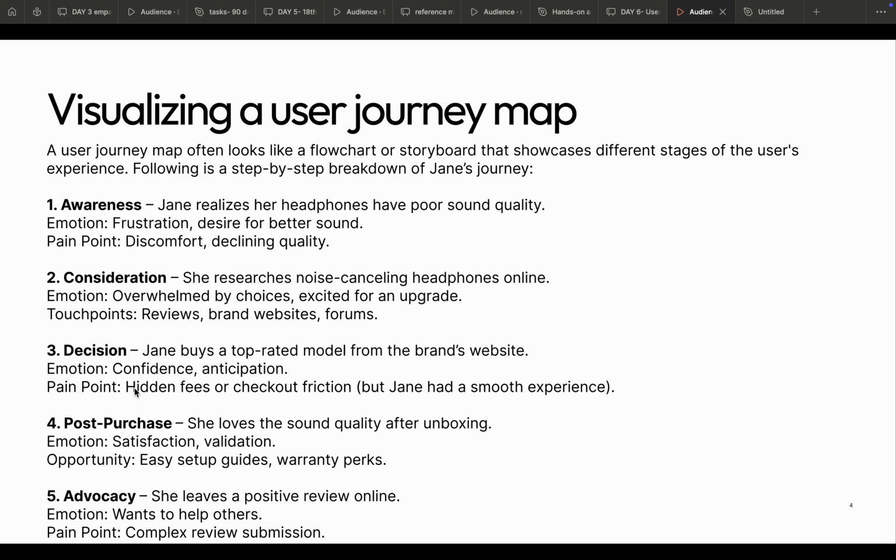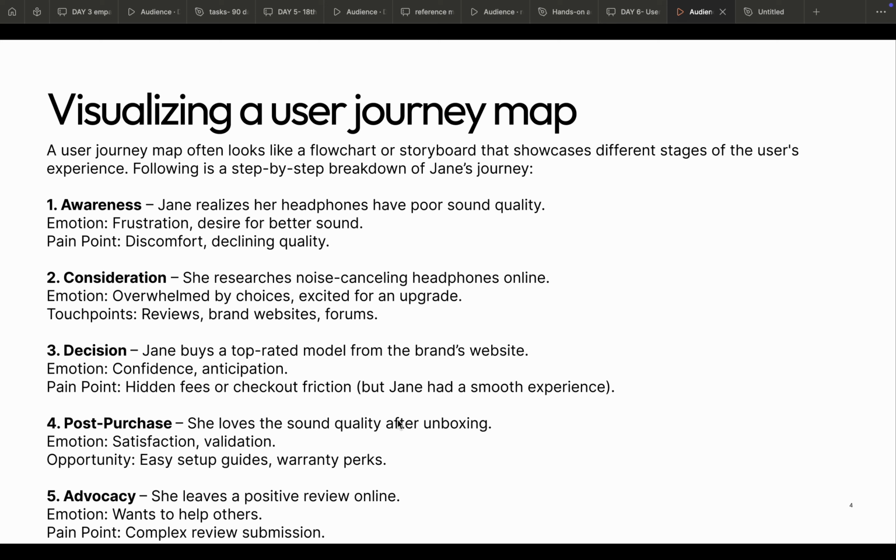What is the pain point here? There are hidden charges, like the pricing is not transparent, and there is checkout friction, a stop in the checkout process. Even though, she had a smooth experience post purchase. After the purchase of the headphone, she loves the sound quality.